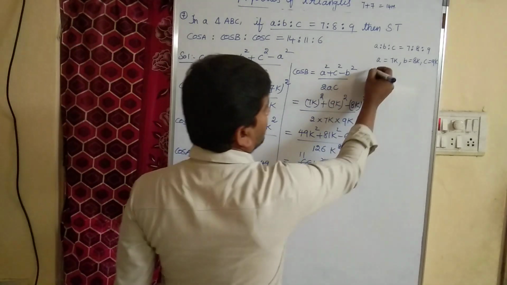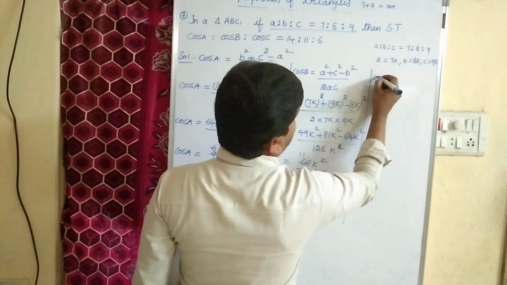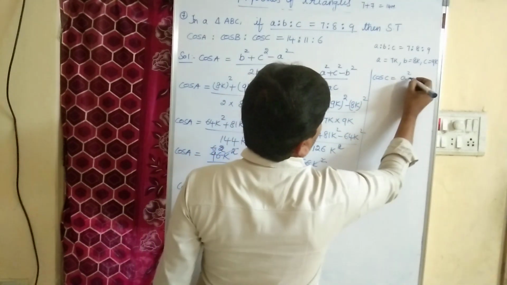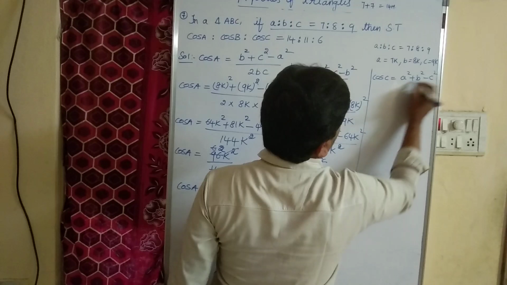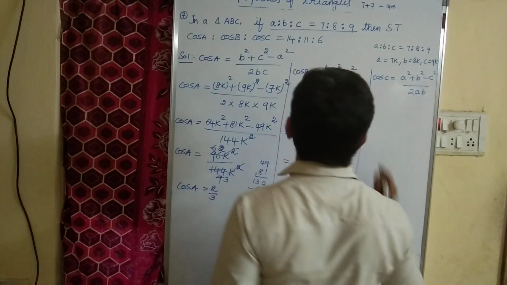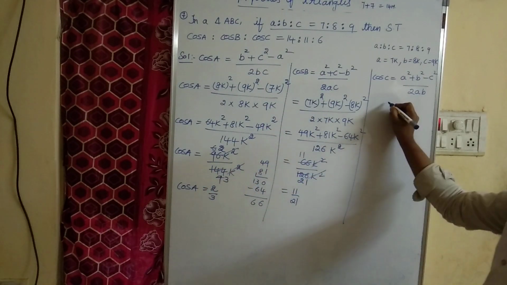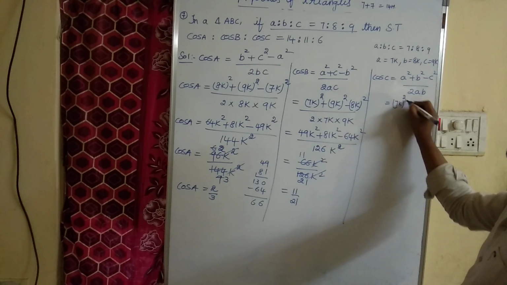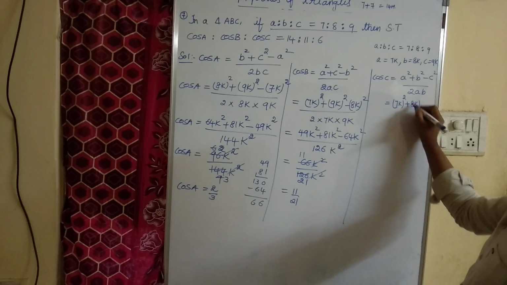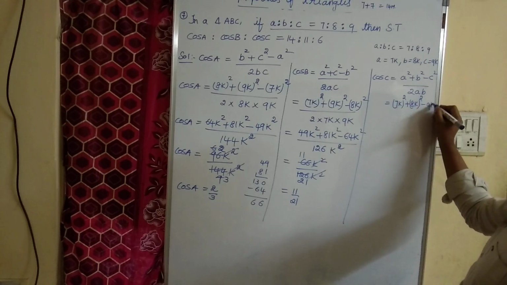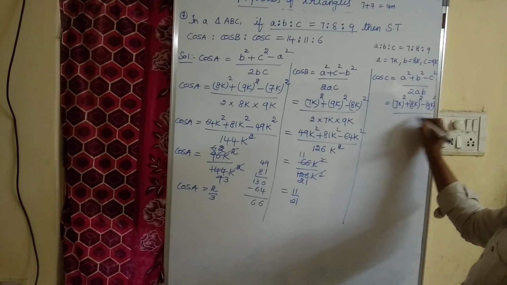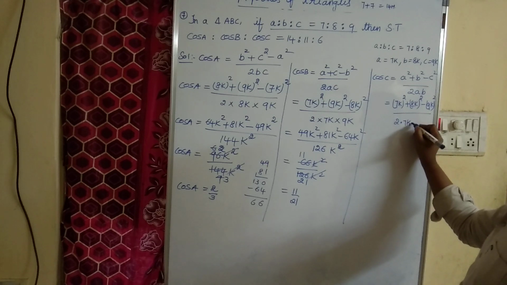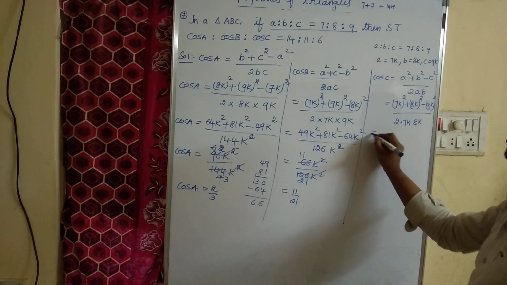Now coming to cos C, which is equal to (a square plus b square minus c square) by 2ab. So a is 7k whole square, b is 8k whole square, c is 9k whole square, divided by 2 into 7k into 8k.